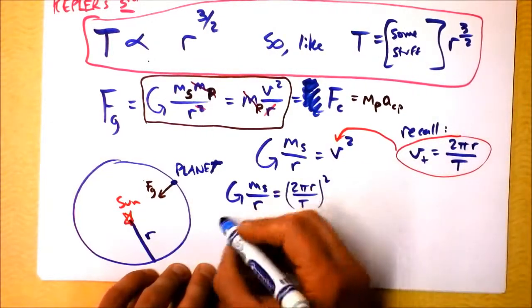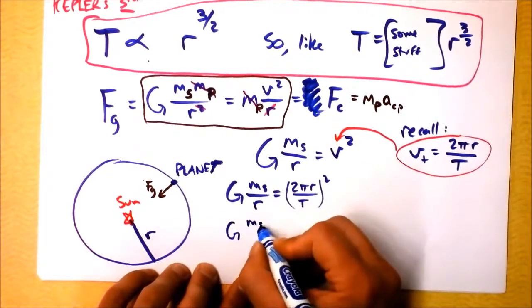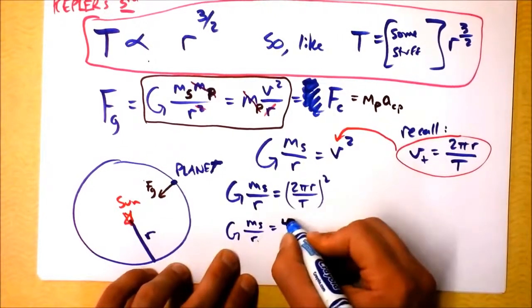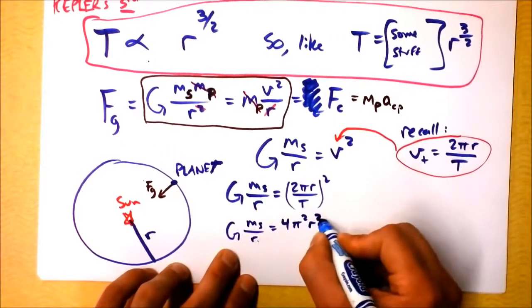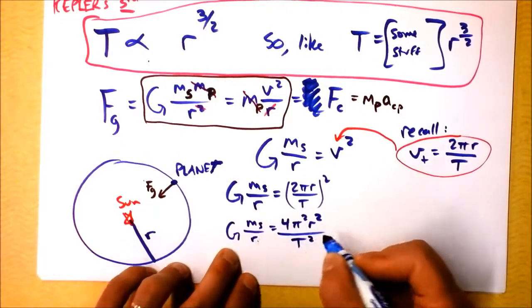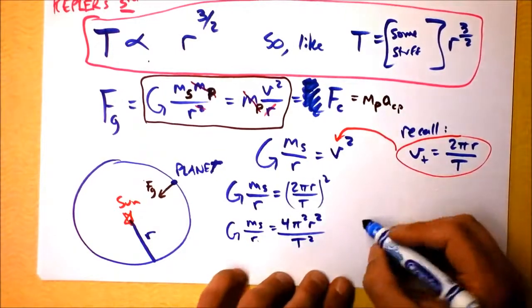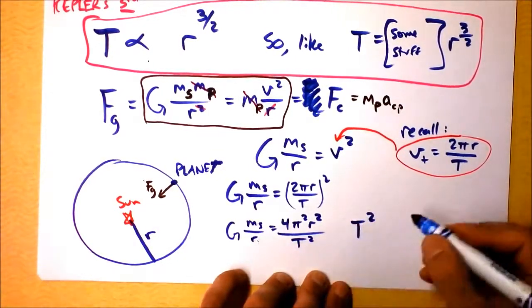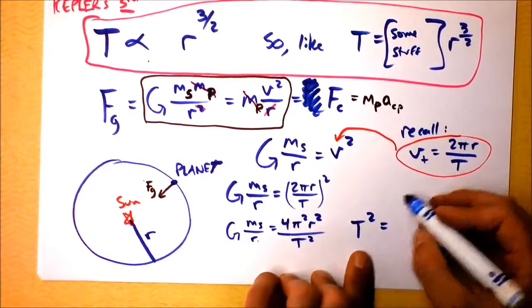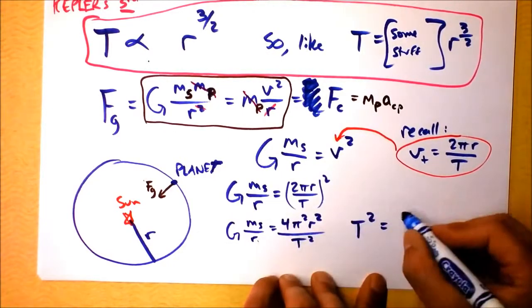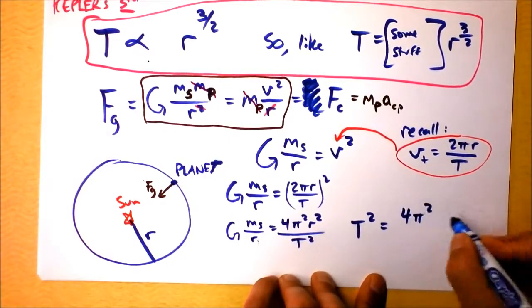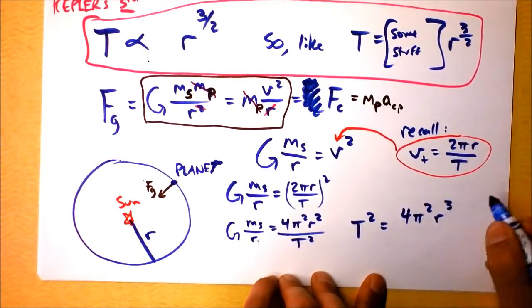So let's spread it out a little bit. We've got capital G times the mass of the sun divided by the radius is 4 times pi squared times r squared divided by period squared. I'm going to solve this for T squared. Seems like T squared is going to be equal to, let's see, we've got 4 and pi squared and r cubed.